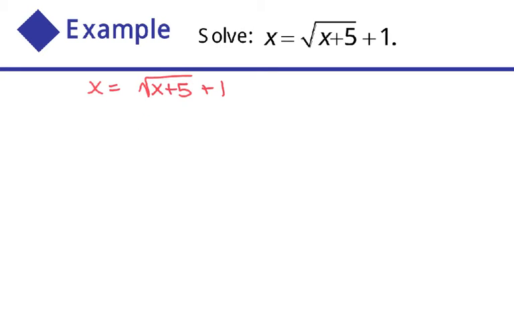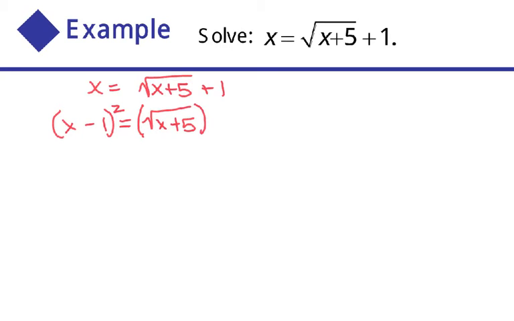So you're going to isolate that square root of x plus 5 by subtracting 1 from both sides. And now that we've done that, we can raise both sides of the equation. Notice I can't just raise x to the second power and 1 to the second power. I have to raise the entire thing all as one unit to the second power.